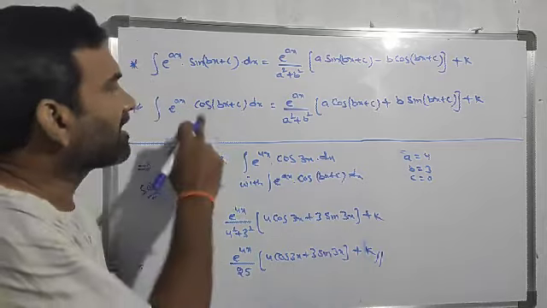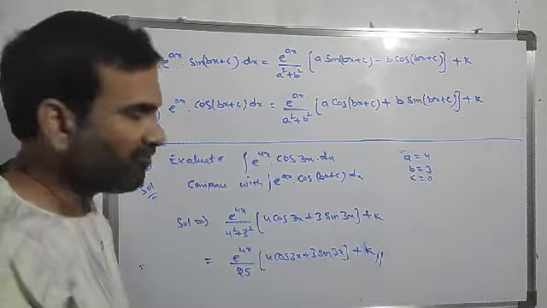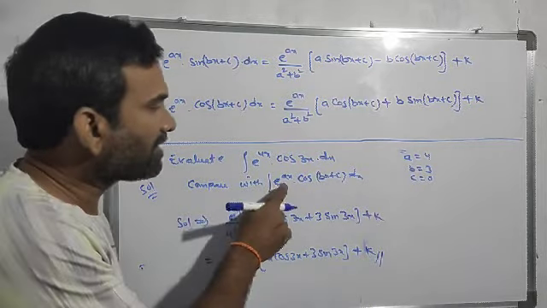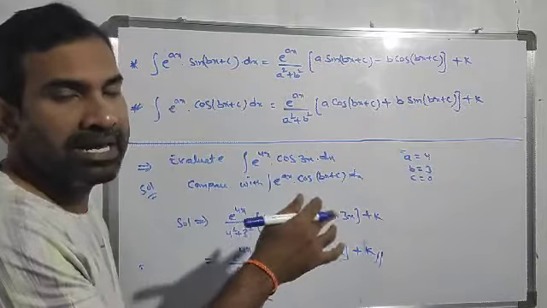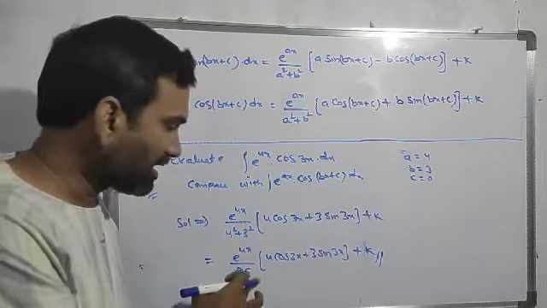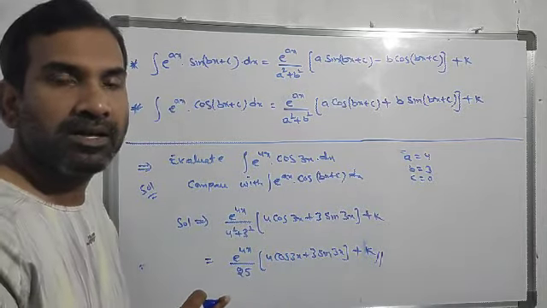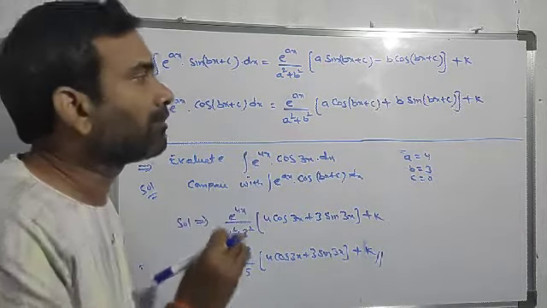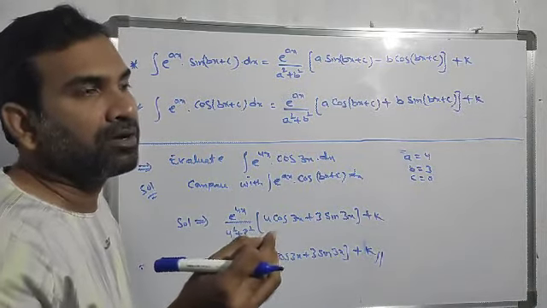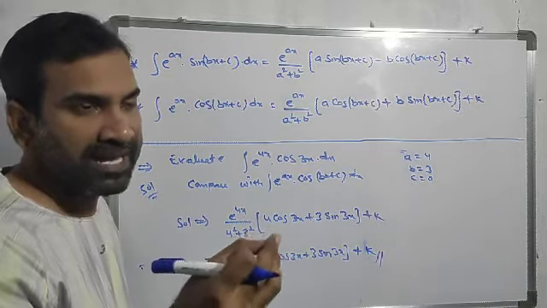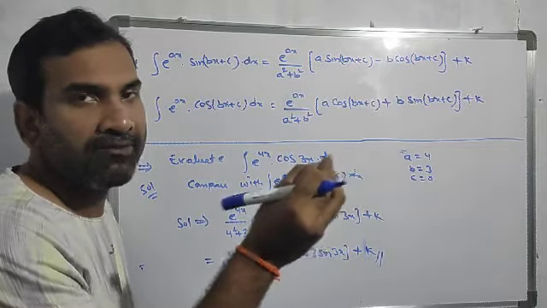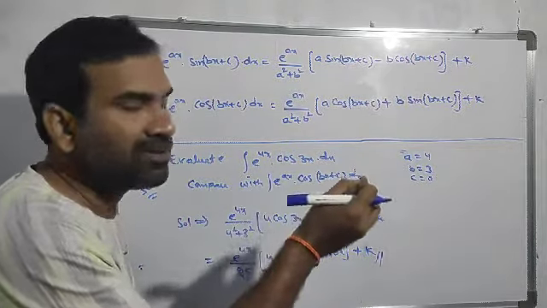Understand? If we have a good idea of the formula, we can easily solve problems like this. Otherwise we have to apply the uv formula internally two times, and finally we also get the solution. If you have a good grasp of the formula, we can easily apply it. For example, if a very short answer question like that is given, we just write down the formula and apply it: what is the a value, b value, c value, and just apply.